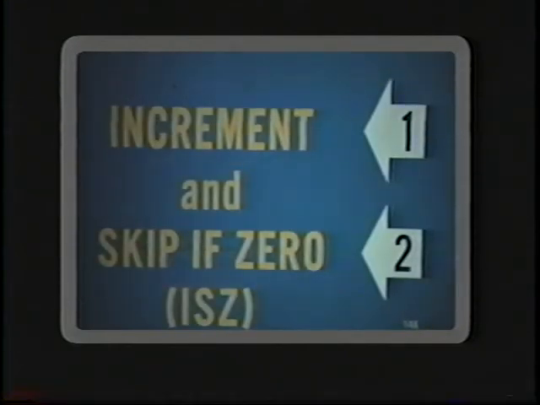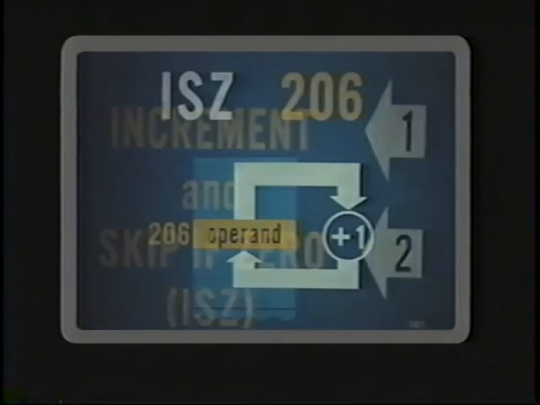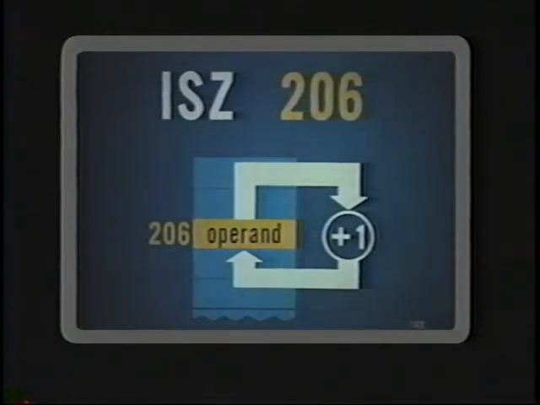Our other program control instruction is increment and skip if 0. As its name implies, this ISZ instruction causes the computer to perform 2 separate operations. First, the computer increments or adds 1 to the operand stored in a specific memory location. The address of this operand is contained in the operand field of the ISZ instruction.